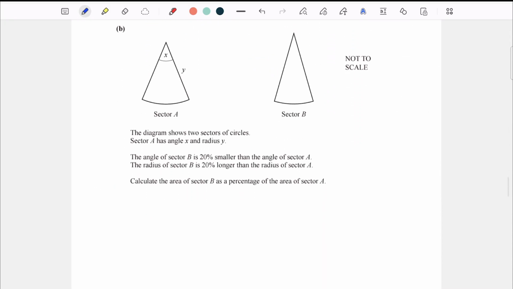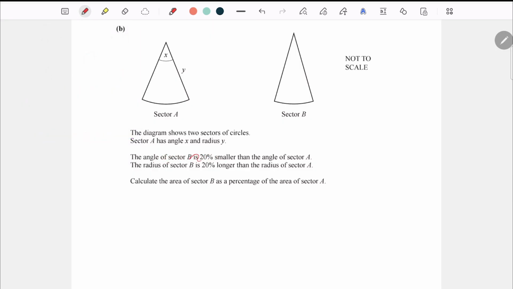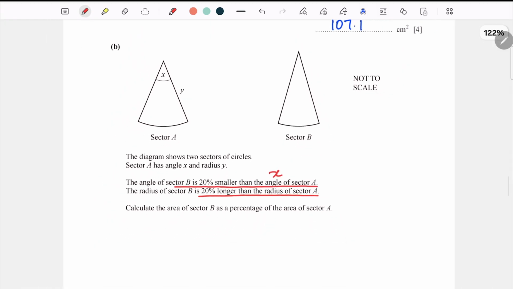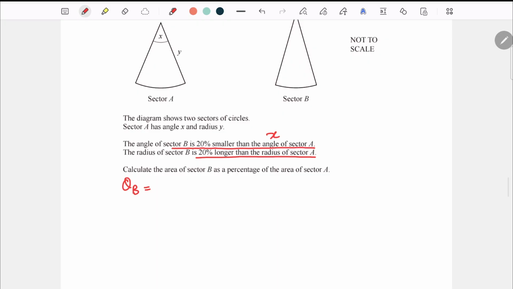In part B, sector A and sector B are shown. The angle of sector B is 20% smaller than the angle of sector A. Angle of sector A was basically x. The radius of sector B is 20% longer than the radius of sector A. Calculate the area. So first, if we're talking about angle, to find the angle of sector B, we're basically going to take angle of sector A, that is x, minus 20%, because in the question it's written sector B is 20% smaller than angle of sector A. So 20 divided by 100.